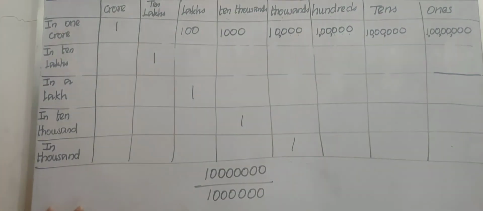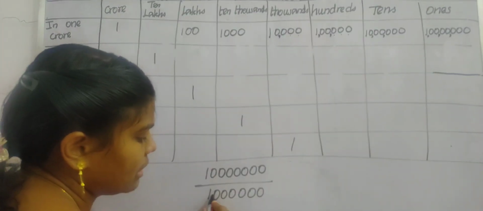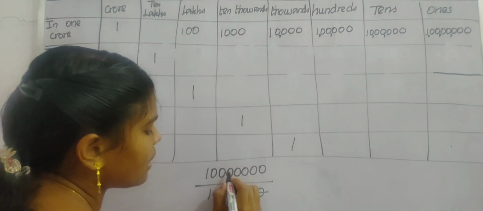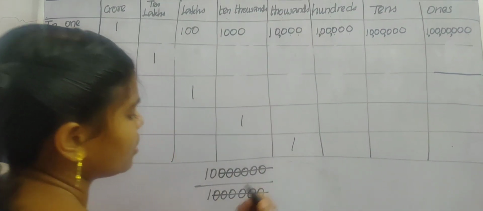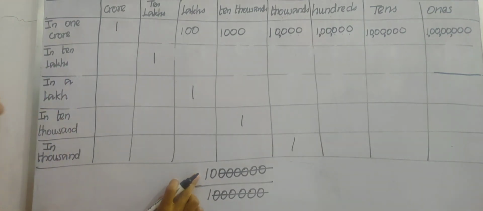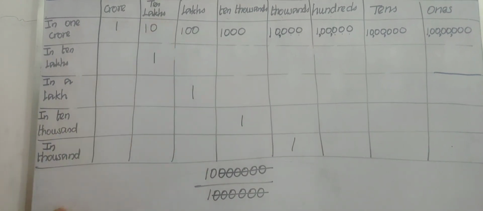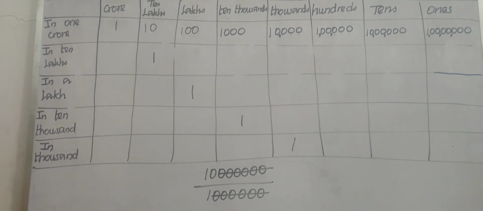So we are having 6 zeros here. So strike out the 6 zeros, and here also we need to strike out the 6 zeros, so that we are getting 10. So 10 times 10 lakhs are there in 1 crore.